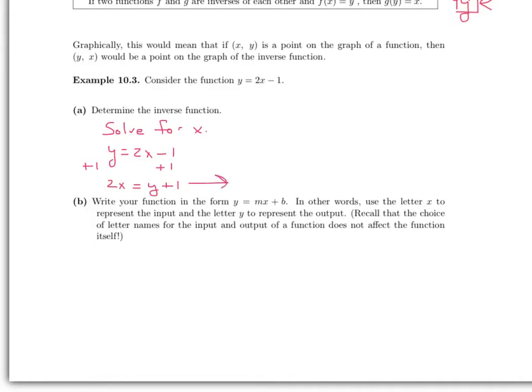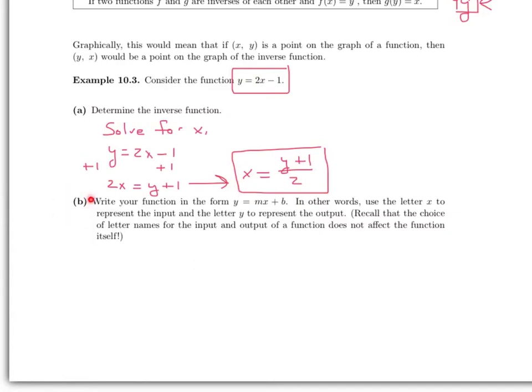And if we do that, we arrive at x is equal to (y plus 1) over 2. So this is the inverse function right here. Our original function was y equals 2x minus 1, and our inverse function is x equals (y plus 1) over 2. These two functions describe inverse processes of each other.